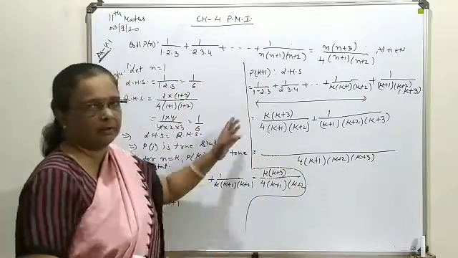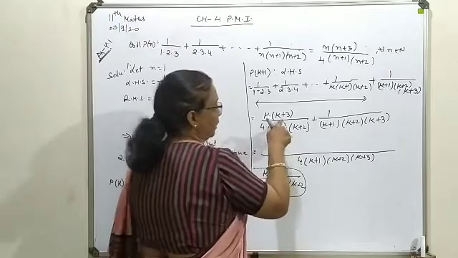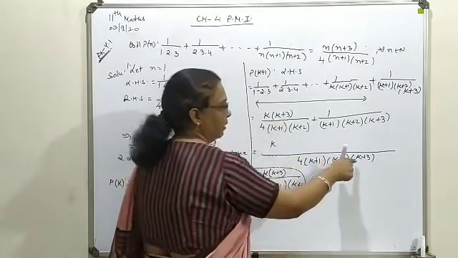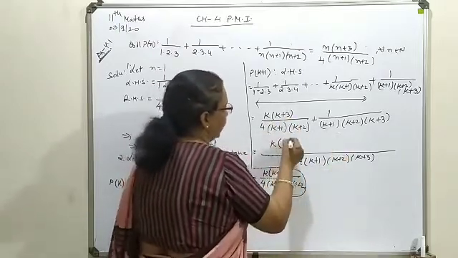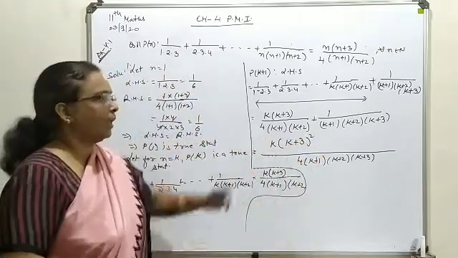What will you get in the numerator in both? Here k will remain, but k plus 3 will be multiplied over here and will give you the square form.